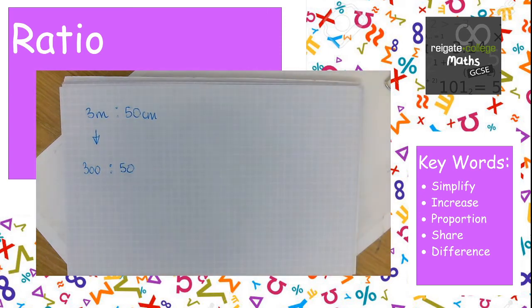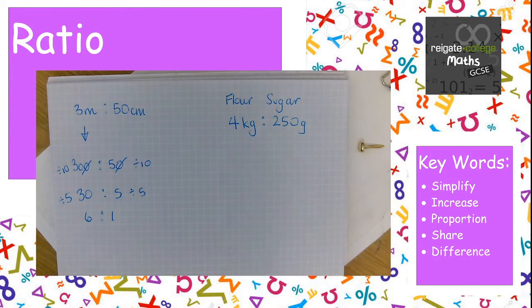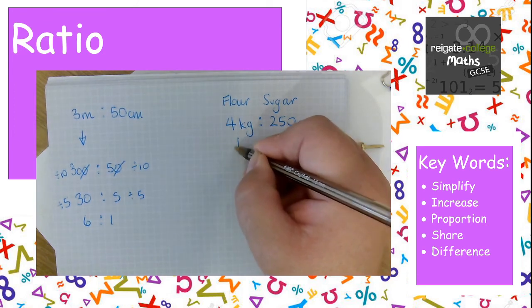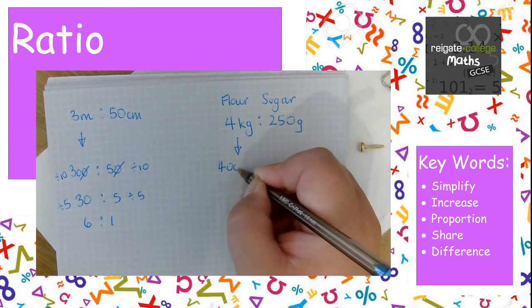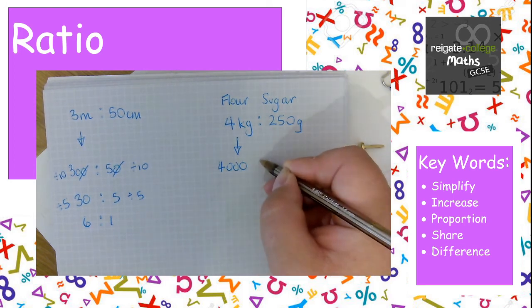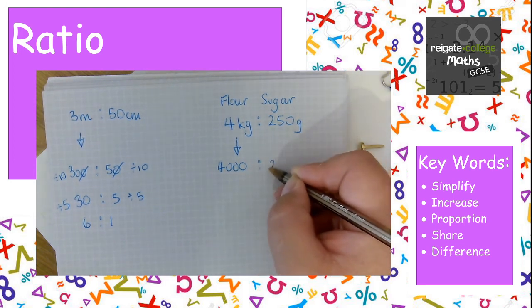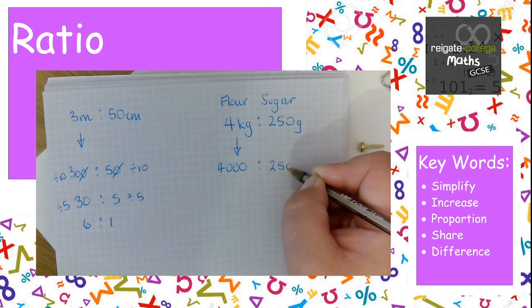So in this example, I have a recipe that contains 4 kilograms of flour to 250 grams of sugar. To simplify that ratio, I'm going to first change the kilogram measurement into grams. 1,000 grams make a kilogram, so in 4 kilograms I have 4,000 grams.